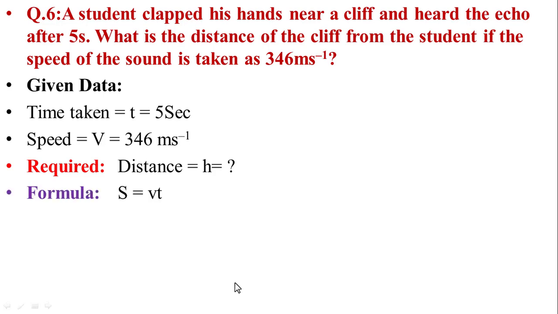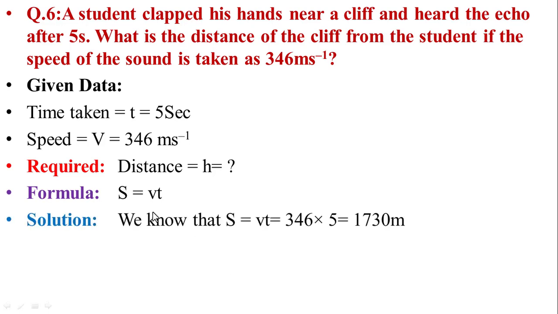Then we use the formula s is equal to vt. In the solution, we know that s is equal to vt is equal to 346 multiplied by 5. 346 multiplied by 5 is equal to 1730 meters.